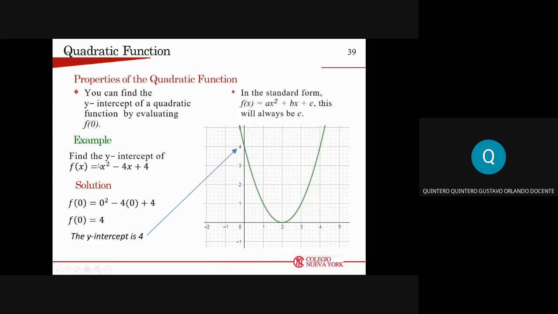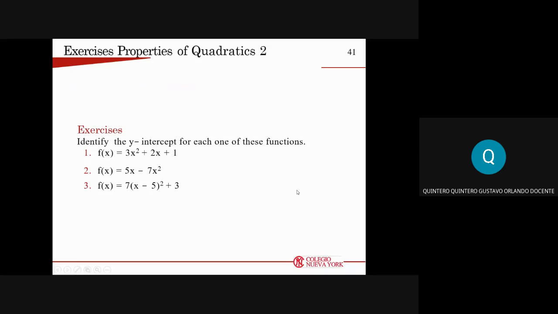It was, look, ax squared plus bx plus c. Right? The value of a is 1, the value of b is -4, and the value of c is 4. So it is in the standard form, meaning that we already knew the y-intercept was 4. We already knew that. Okay, cool.